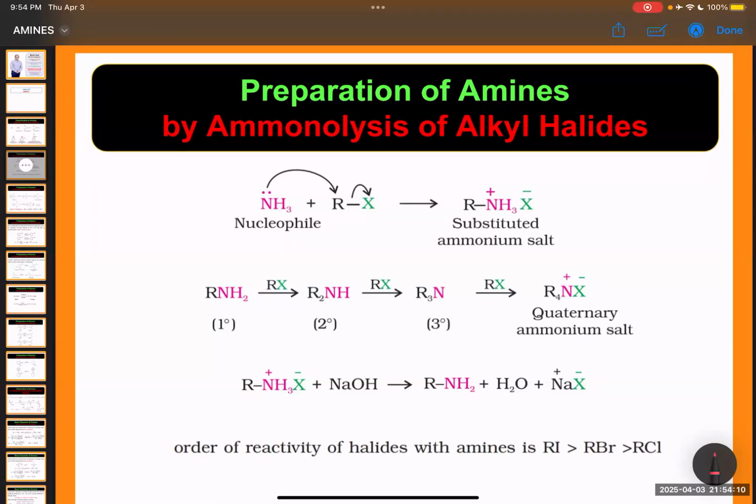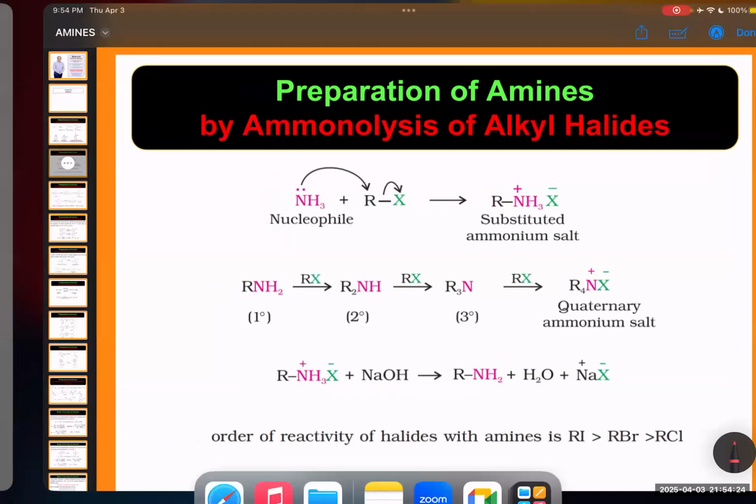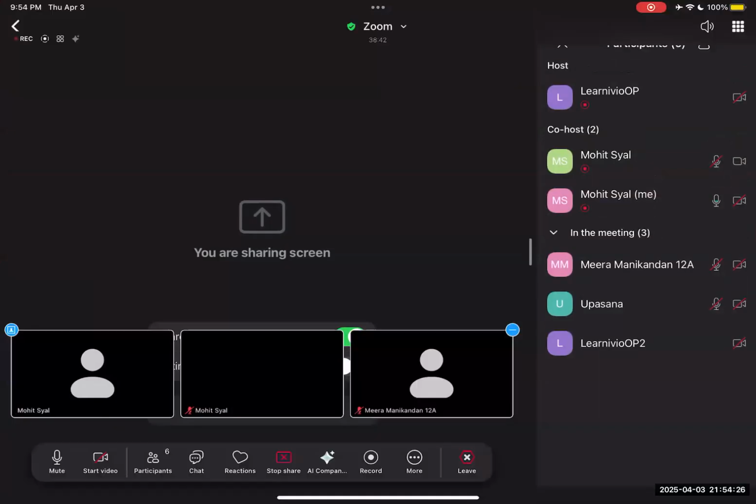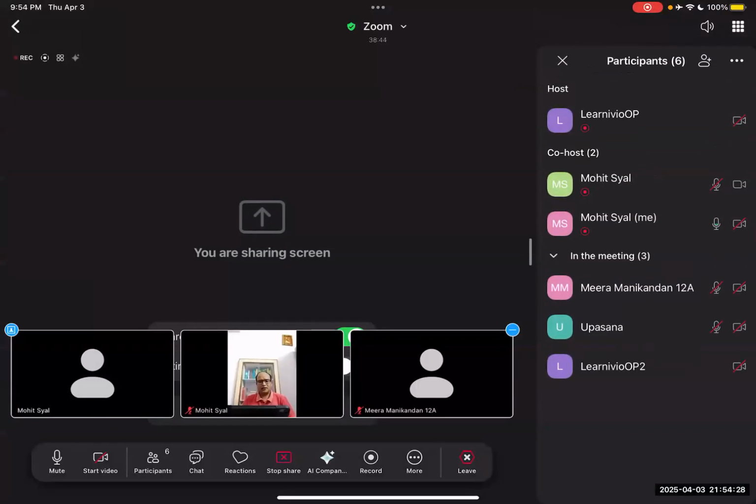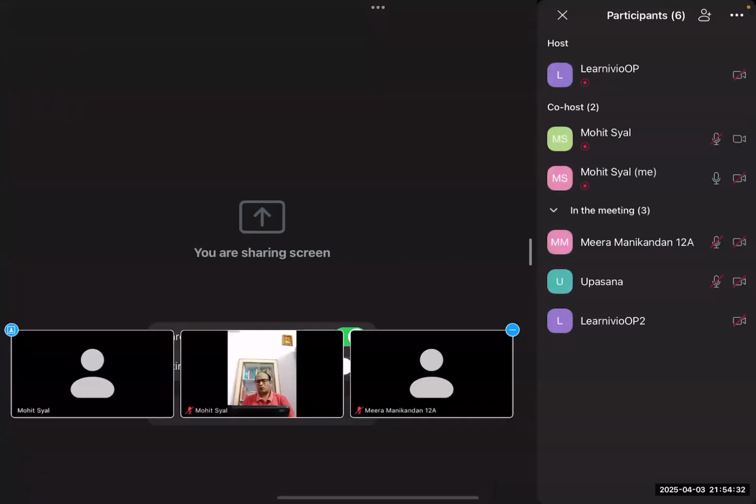Got it? But how to put that NH2 group? You need to have some leaving group attached which can come out easily. And the better leaving group is none other than the halogen itself. Okay. The halogens are fluorine, chlorine, bromine, iodine. Most precisely, chlorine, bromine and iodine are very good leaving groups which can break apart easily.